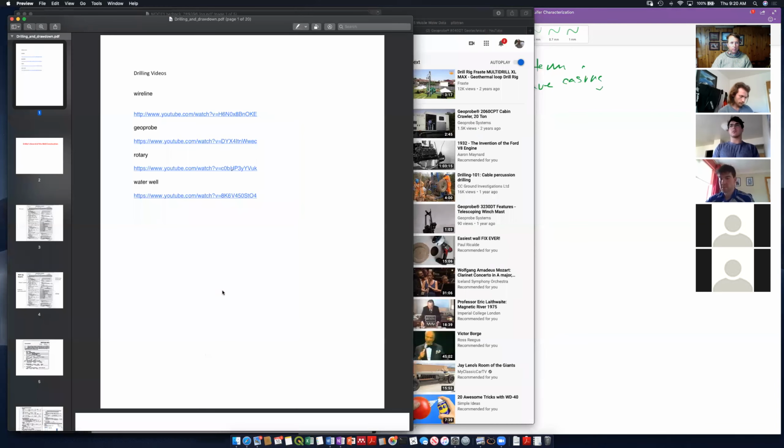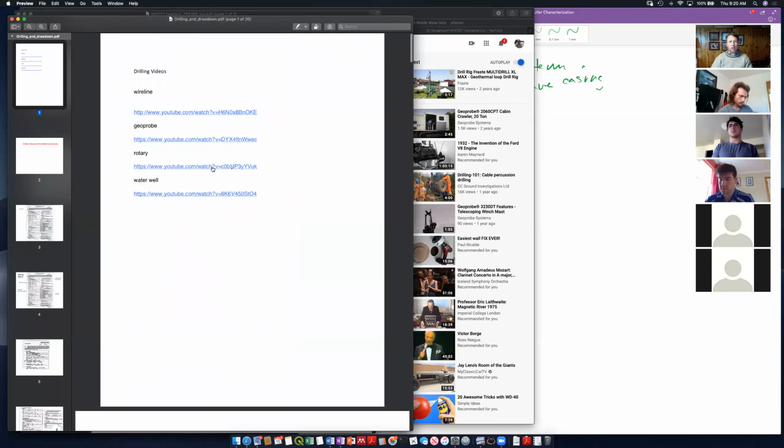Okay, so that's GeoProbe. Now we're gonna talk about rotary drilling, and rotary is the most common and most used drilling type. And there's a whole bunch of different rotary types and ways of drilling rotary. With rotary, we can core, and we can just run essentially a chipping bit.